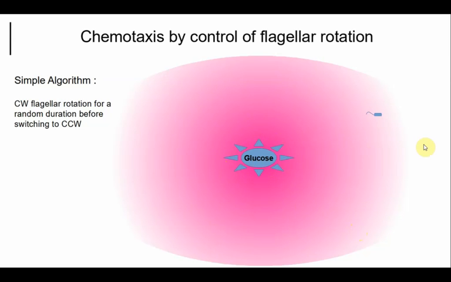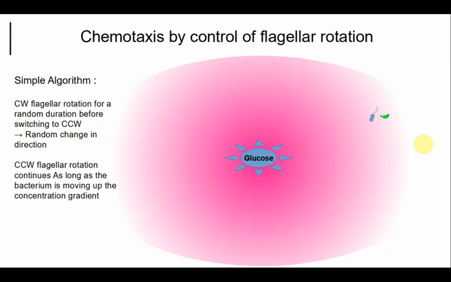So the bacterium is going to start off just rotating randomly, with the flagellum turning in a clockwise sense. And then after a random period of time, it's going to flip rotation. So the flagellum is going to start rotating counterclockwise, and the bacterium is going to start moving forwards.